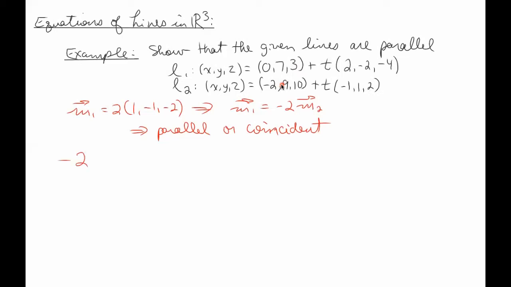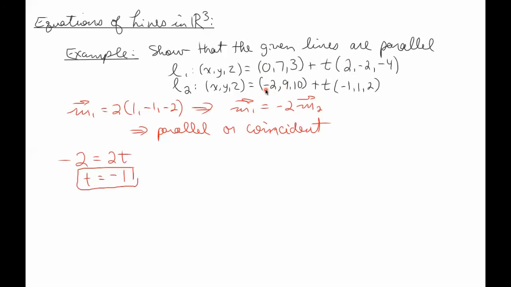So -2, the x component of the point from L2: if this is going to be on L1, I must be able to find a t that satisfies this parametric equation, the parametric equation for the x component of L1, 0 plus 2t. And I get t equals -1. So for the x component to work out, I would have to put t equal to -1 in L1.